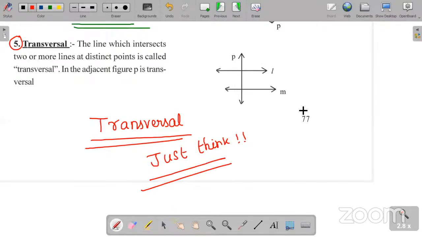Right. For example, this is one line, this is the other line. These two are parallel lines.